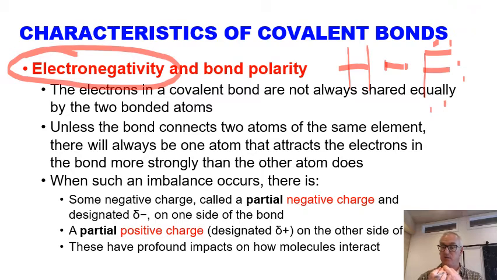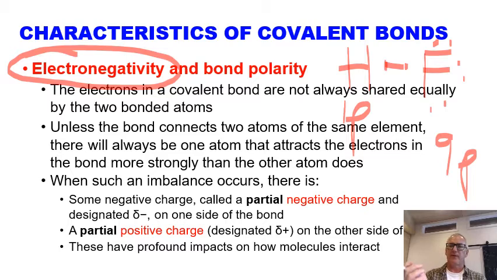Hydrogen has the 2 that are being shared, it has a pair, it's happy. But fluorine is much better at pulling electrons toward itself than hydrogen is, because it has 9 protons in its nucleus. Hydrogen's only got 1.